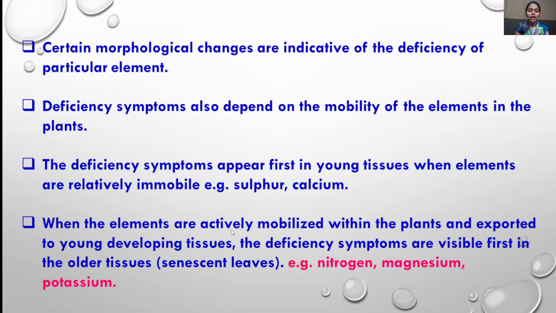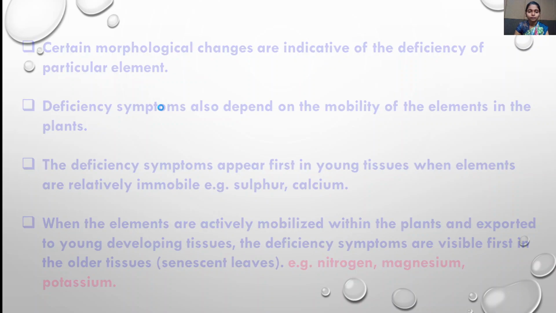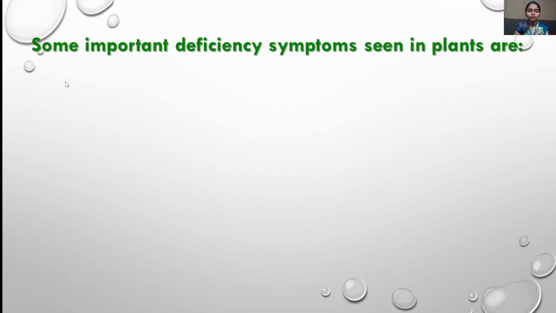When the elements are actively mobilized within the plant and exported to young developing tissues, the deficiency symptoms are visible first in the older tissues, for example nitrogen, magnesium and potassium. Moves to the next slide.